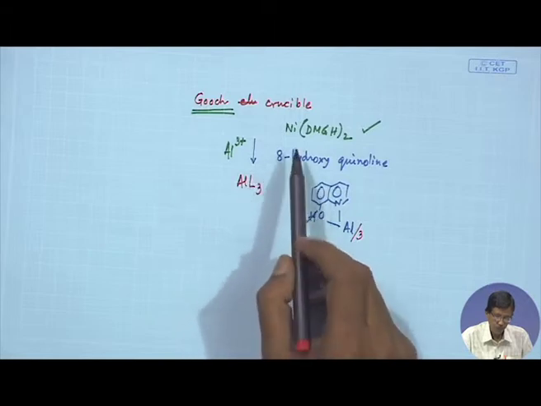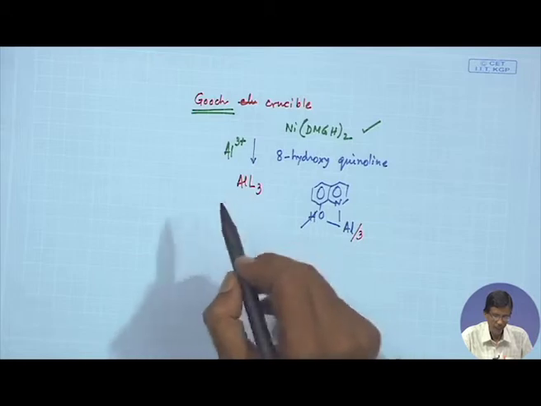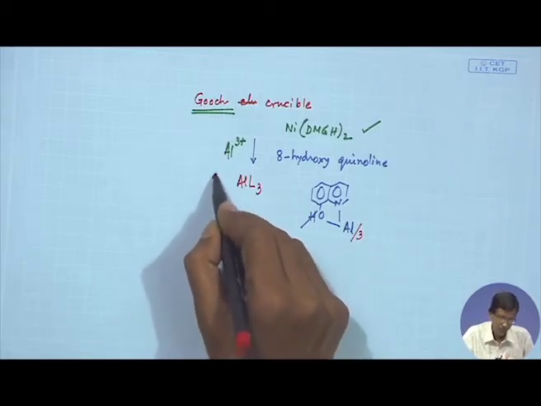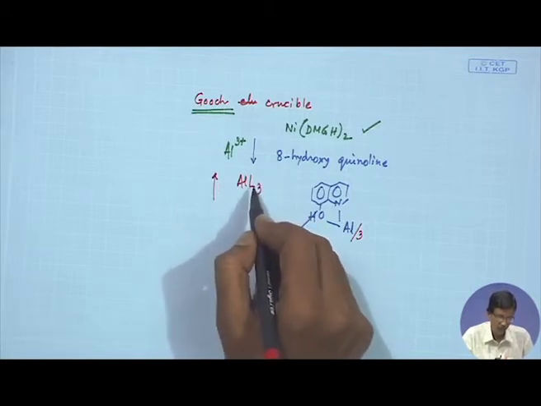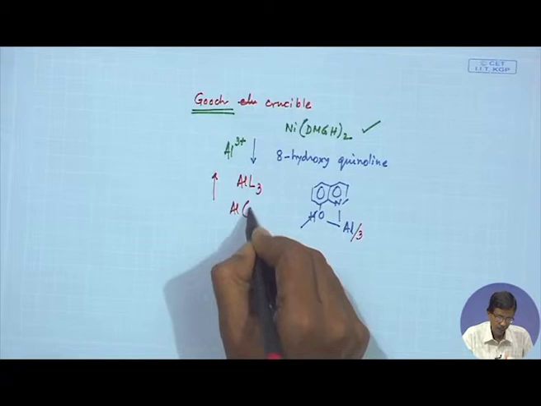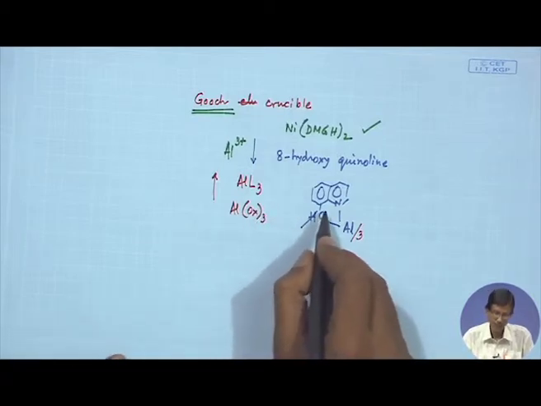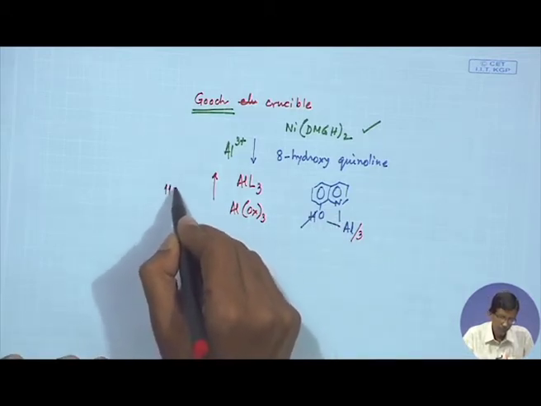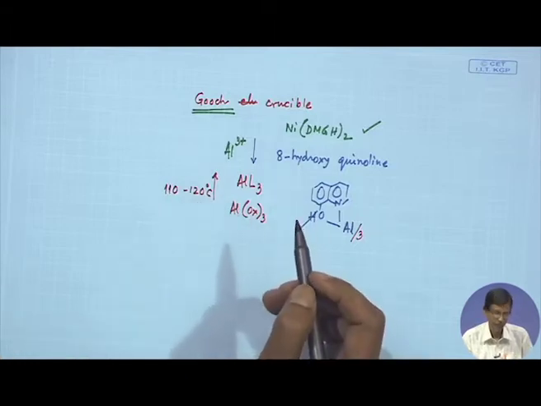That can be filtered through a Gooch crucible and dried at a temperature of say 110 to 120 degrees, because at that temperature the entire moisture trapped in the aluminum oxinate is removed. It is very nice to write it in this fashion, where oxinate is the abbreviation for the oxinate ion. So, 110 to 120 degrees centigrade is fine for drying.